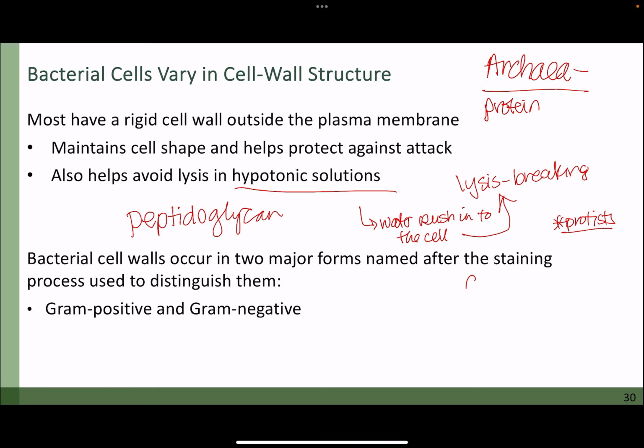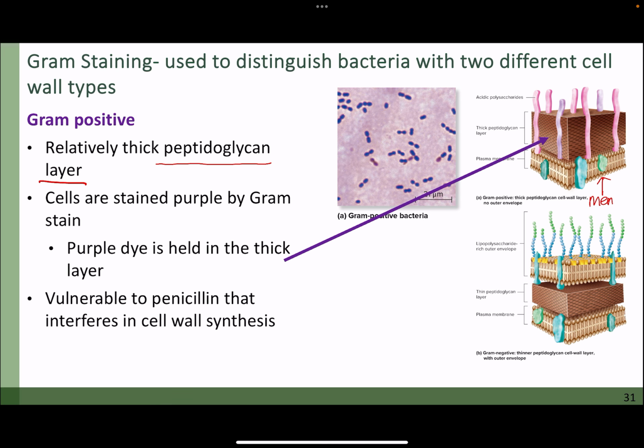So there are two different types of cell walls. The first type is what we would call a gram-positive stain. And this stain sticks to the bacteria because they have a really, really thick layer of peptidoglycan. That's the molecule that makes up the cell wall. In this image over here on the left, we've got the plasma membrane, so there's the membrane here.